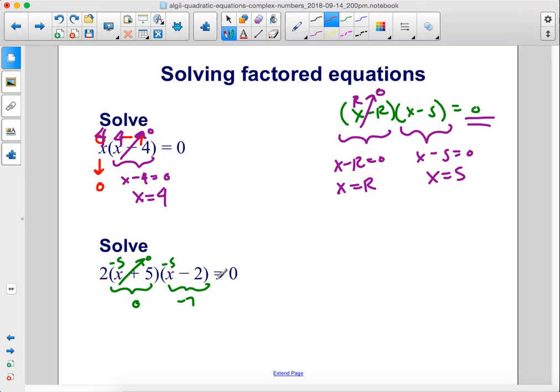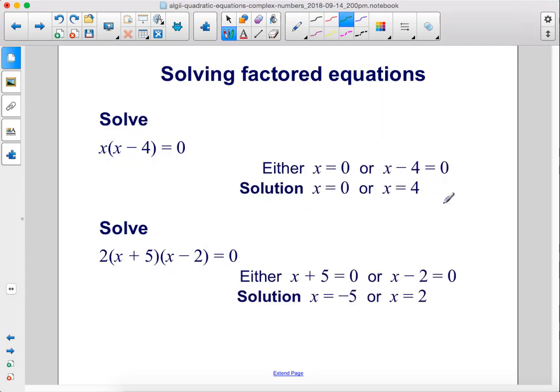If x equals 2, that would mean that this little portion here, x minus 2, equals 0. If x equals 2, this would go to 0. This would be 3, but we would have 2 times 3 times 0, which equals 0. So you can see here that we actually have two solutions. Either x equals 0 or x equals 4.